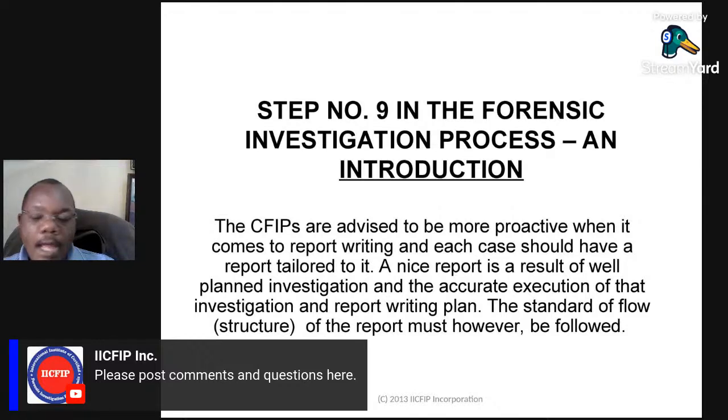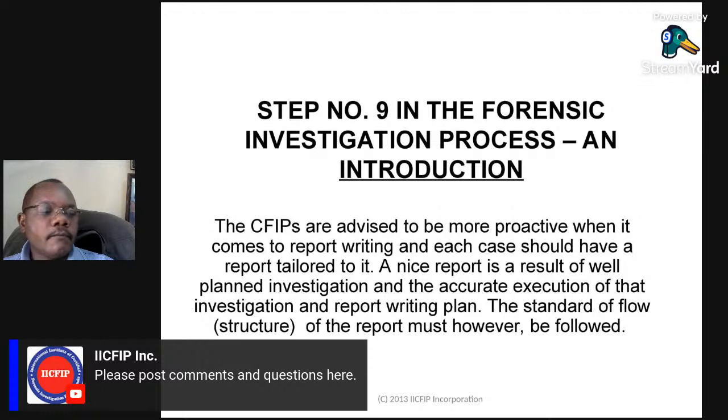You will agree with me that report writing is there to give life to the investigation process, to be like a mouthpiece of the investigation process.